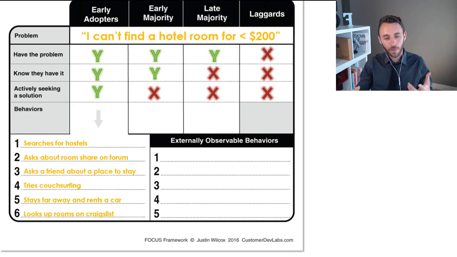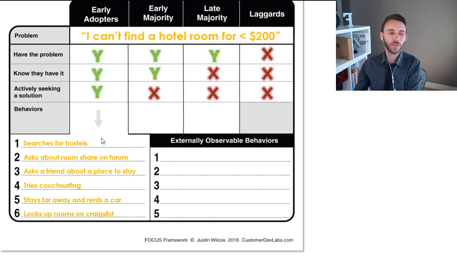Now the next step is when you're going to teach them how to turn those behaviors into what we call externally observable behaviors. And what that means is just because someone searches for a hostel doesn't mean that your students are going to be able to find them and ask them for an interview. So what they need to do is convert this into what we call an externally observable behavior, which means it's a behavior they can observe as an external party.